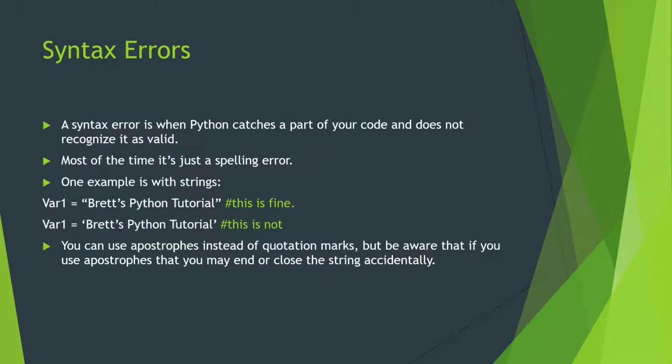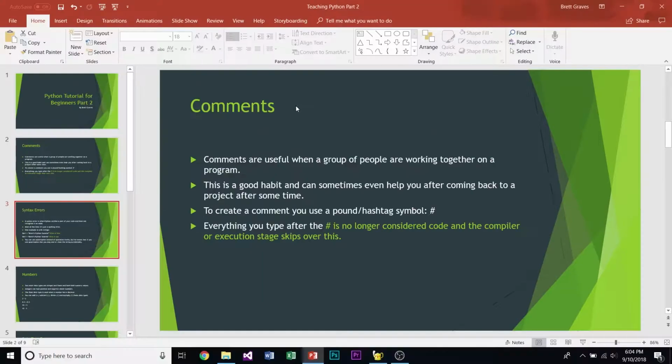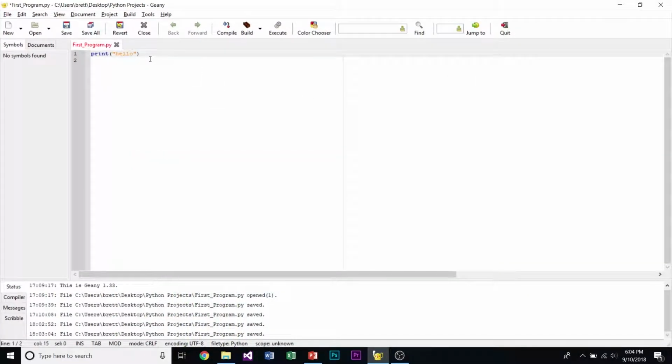So syntax errors, what we just went over a second ago in the example that I gave. Another thing you can do with print, instead of quotation marks, is use apostrophes or single quotes. But you want to be careful when you use single quotes. I always say use quotation marks because you can't mess them up like you do here.